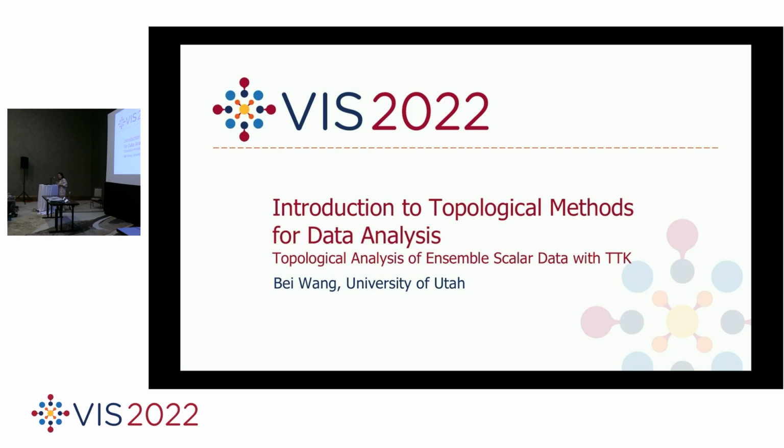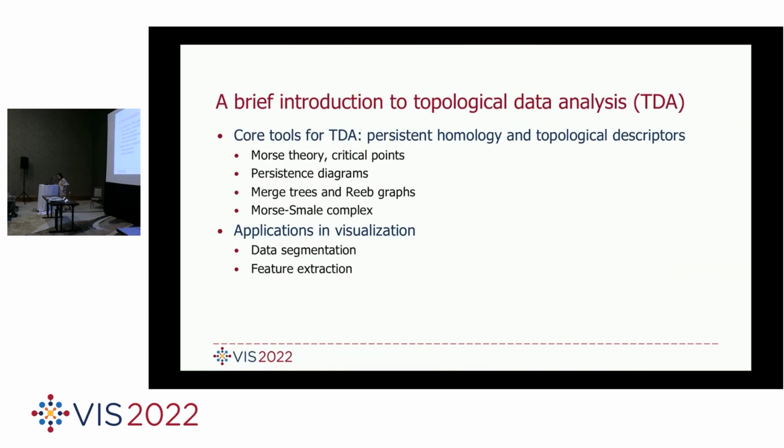So let's get started. As a brief introduction to topological data analysis, also known as TDA, there are a number of tools that have been developed in this field. The field has been active roughly for, I would say, 20 years or so. And what I listed here is just a small subset of the tools, but I consider them to be at the core of TDA.